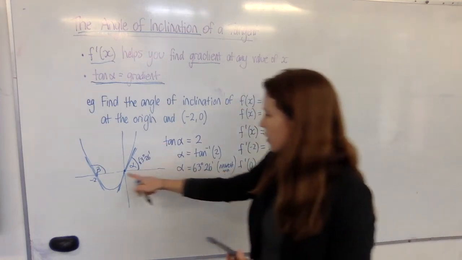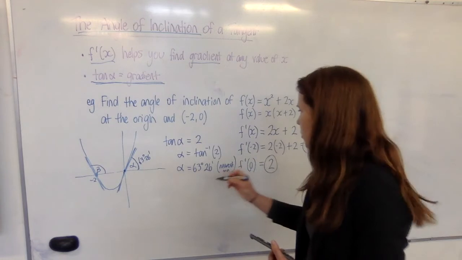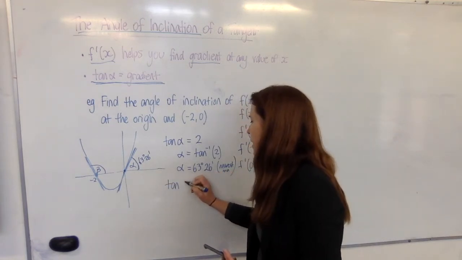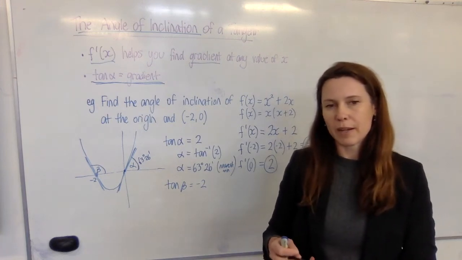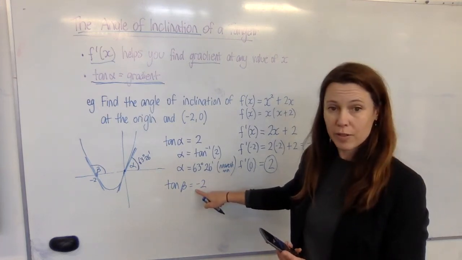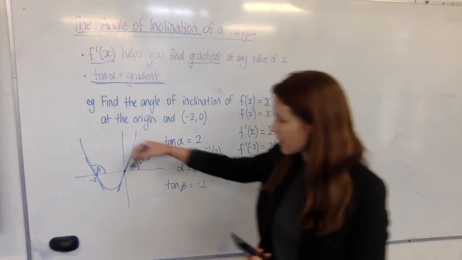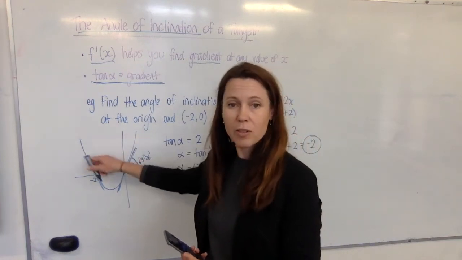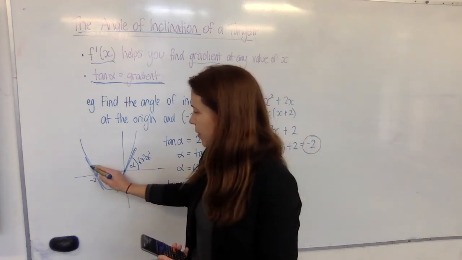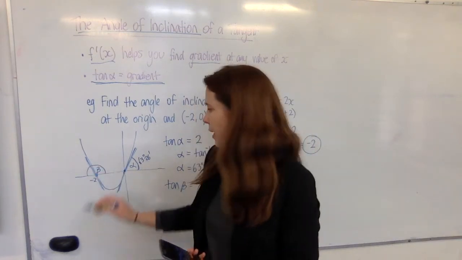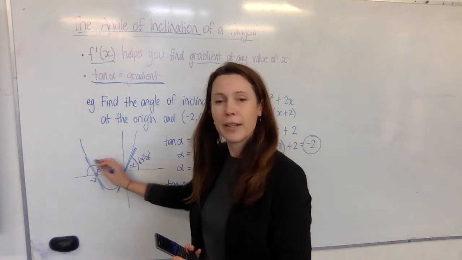Okay, what about this other one? Well, a gradient of negative 2, write it down and have a look at it. Tan of beta equals negative 2. Now, what do you know about quadrants? Let's think. We're in the second quadrant here. This is an obtuse angle, isn't it? We can tell because it's a negative gradient. So, actually, if we could find this angle here and subtract it from 180, we're going to have beta.